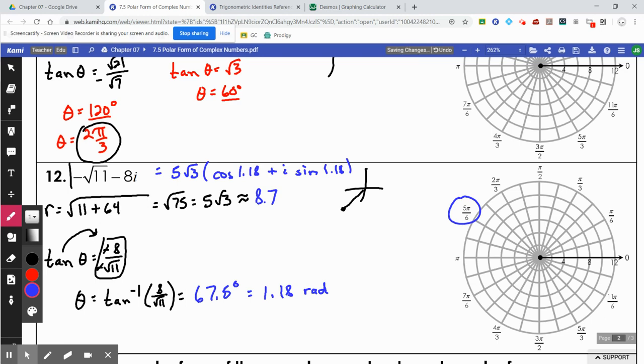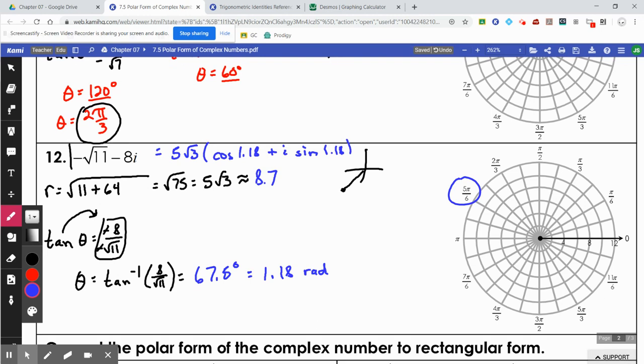Actually, no, that's not. That's the reference angle. I never did find the actual angle. So let's take that 1.18 off. So 1.18 is our reference angle, which is the first quadrant angle right here.